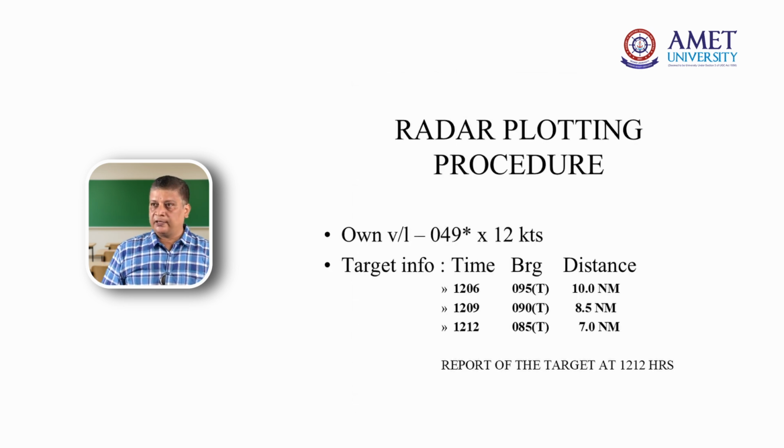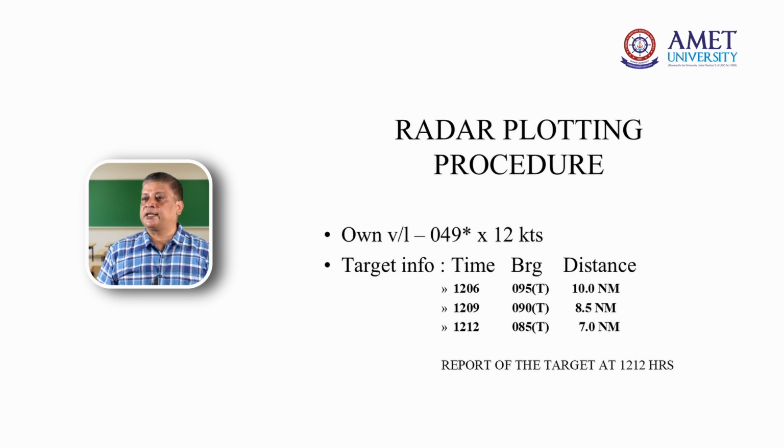Let's have a look at how the radar plotting procedure is done manually in case the radar fails. Own vessel is steering a course of 049 degrees at a speed of 12 knots. Let us assume there is a target and we are taking the bearing and distance of the target at regular intervals of time.